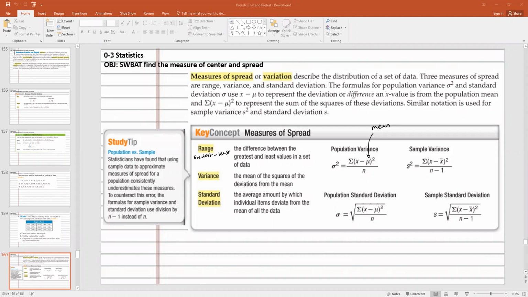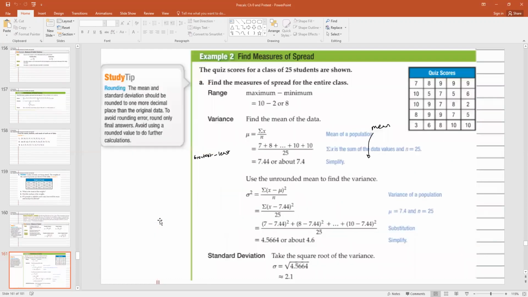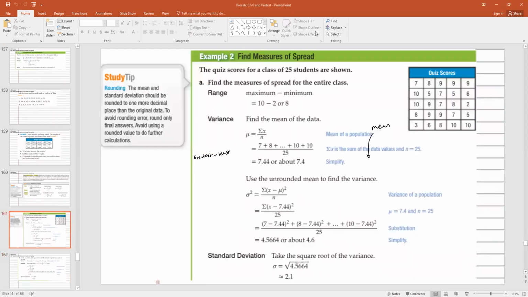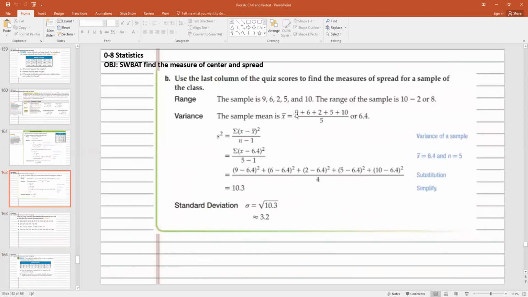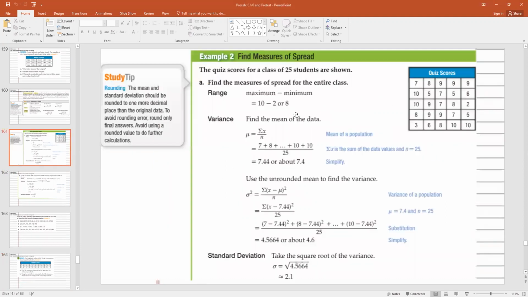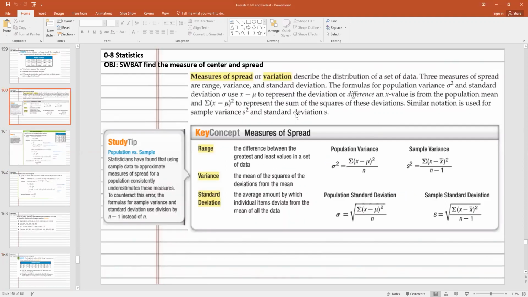Those are good formulas to know when you get to statistics.